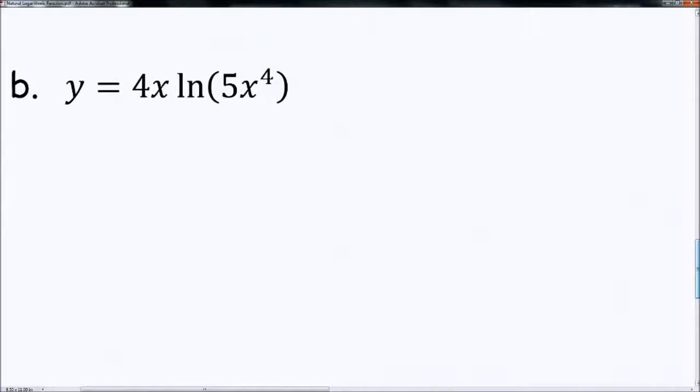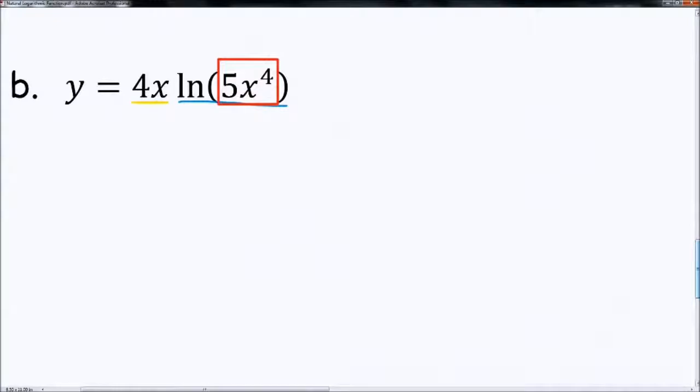Part B, finding the derivative for y equals 4x times ln of 5x to the 4th. What you see is I have the product rule. Here's my first, 4x. My second is ln of 5x to the 4th. My ln has an inside, so I'm going to have that little box thing going on again.